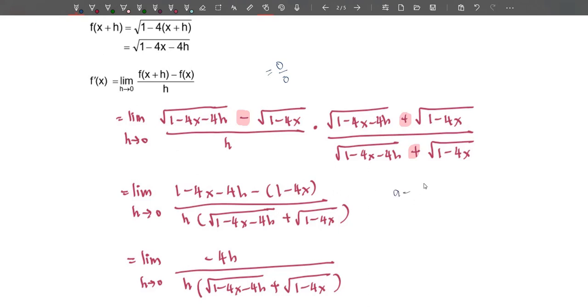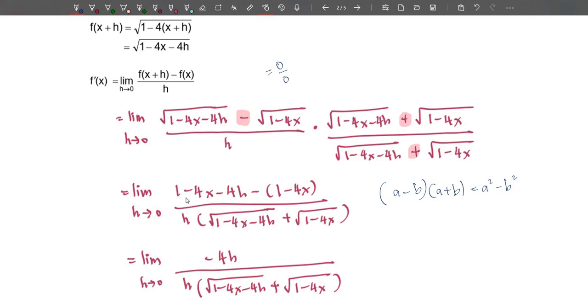Remember, a minus b times a plus b is equal to a squared minus b squared. So here we have 1 minus 4x minus 4h minus, in bracket, 1 minus 4x. Once again, please remember, anything that we write after the negative sign should be written in bracket.